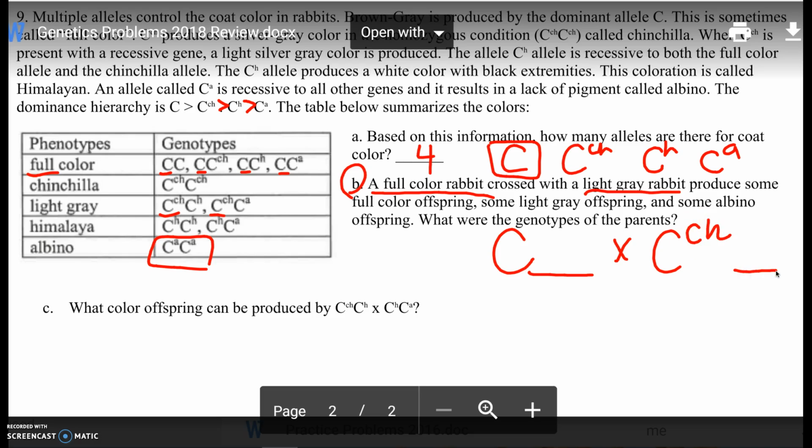The clue here to figuring out what the other letter is the recessive. They have some albino offspring. If the only code for albino is this, now you know what must the second letter be for both parents. Has to be C little a, because that's the only way they could have made an albino offspring.